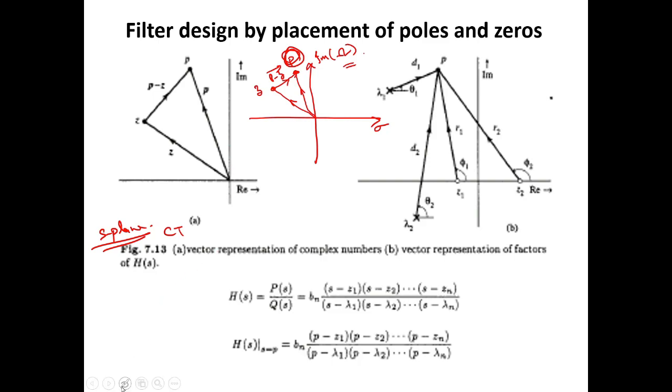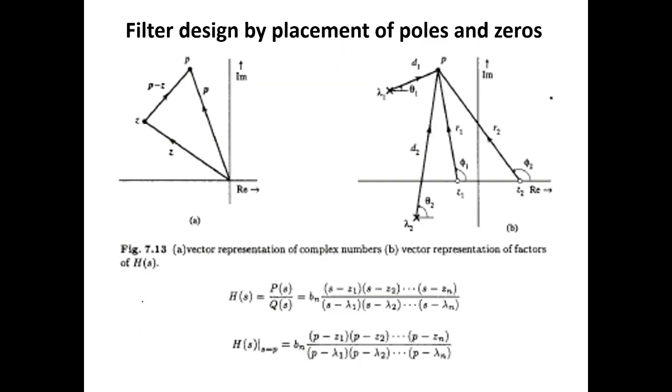Okay, so what happens over here is that we have a point, say Z, and we have a point P. The P has to be moved on the imaginary axis to understand the frequency behavior of the poles or the zeros.